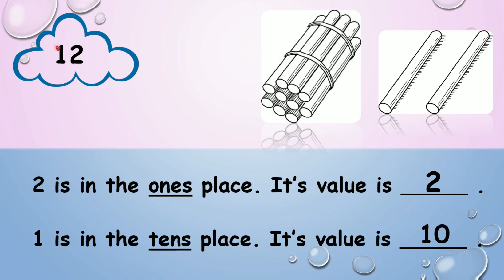This one you see right here is in the tens place, but its value is 10, not 1, because remember this is 12, so 10 plus 2 gives us 12. So in conclusion, 2 has a value of 2, and 1 has a value of 10.